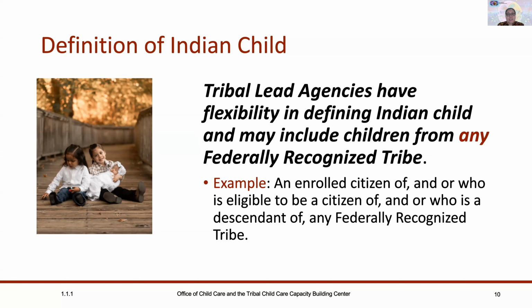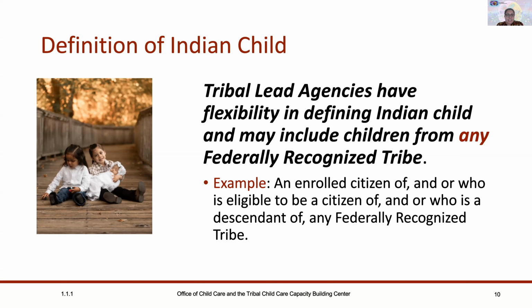Tribal aid agencies can choose to define Indian child as a child who is an enrolled member of the federally recognized tribe. They can also choose to define Indian child more broadly as any child who has verifiable American Indian or Alaska Native ancestry as determined by either tribal enrollment, a certificate of Indian blood, or a birth certificate documenting lineal descent.